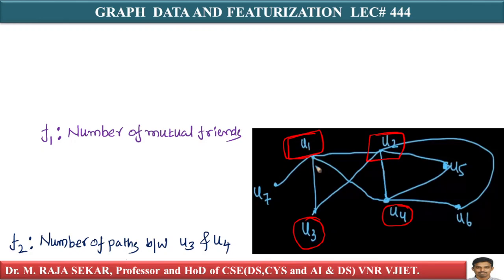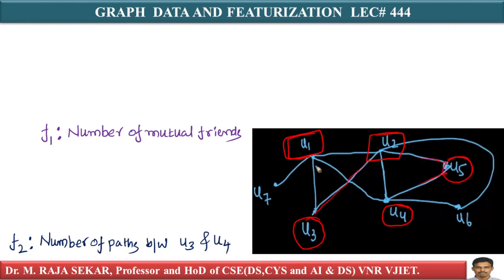Again, there is a huge area of graph theory, and in graph theory there are tons of algorithms, tons of featurizations, tons of methods to measure how far one vertex is from another and to count the number of paths. For example, in this graph, going from U4 to U3 through U5 is also a path.